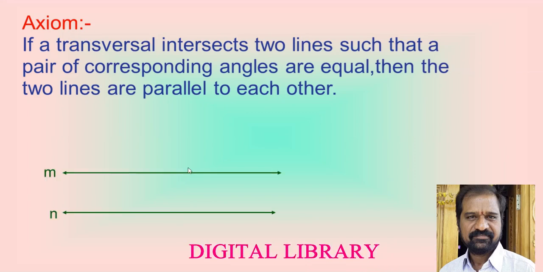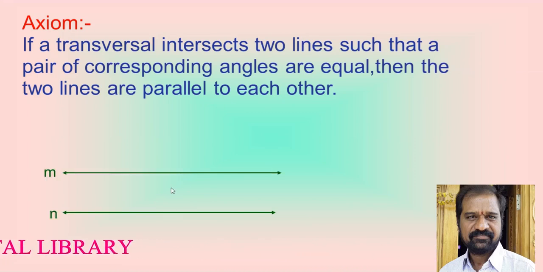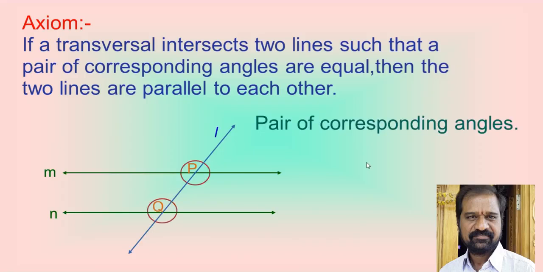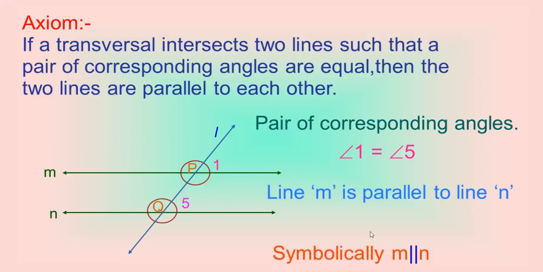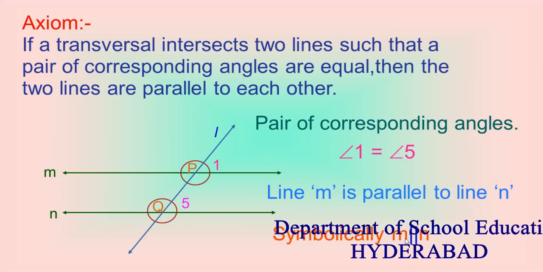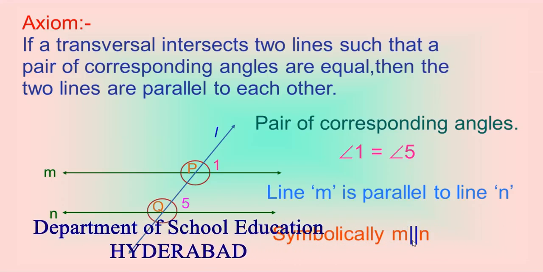Line M and line N are two lines and a transversal L intersects at P and Q. A pair of corresponding angles, 1 is equal to 5. So corresponding angles are equal, therefore the lines are parallel. Line M is parallel to line N, symbolically M parallel to N.